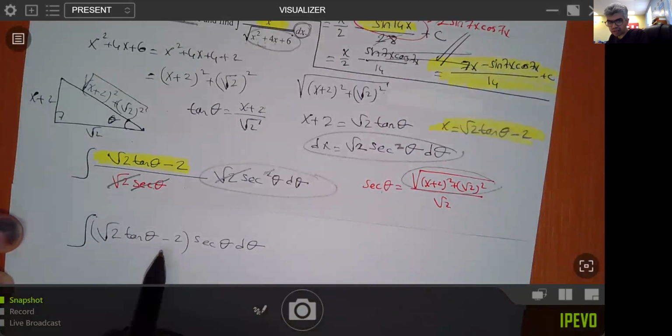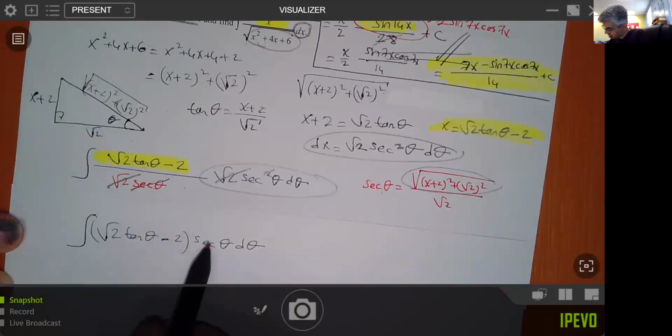And remember, yesterday we solved a similar question. You remember when we had minus and we distributed the secant theta here. We will have root 2 tangent theta secant theta minus integral 2 secant theta d theta.